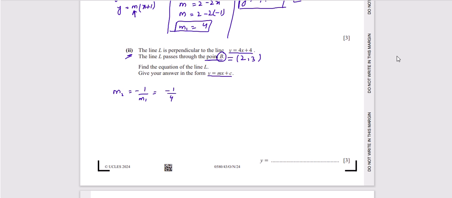Equation of tangent, y minus y1 is equal to m into x minus x1. y1 is 3, is equal to m, which is minus 1 by 4, into x minus x1, which is 2, this one.